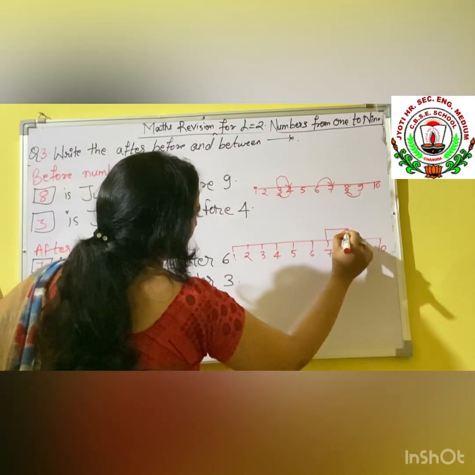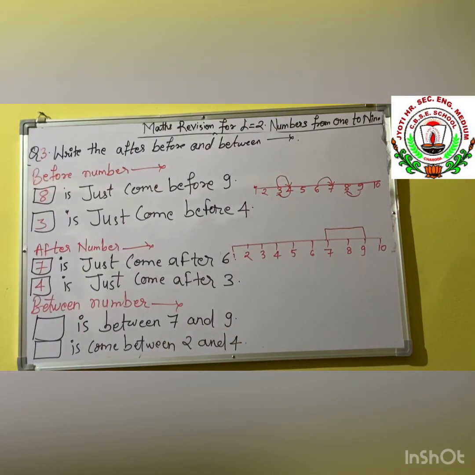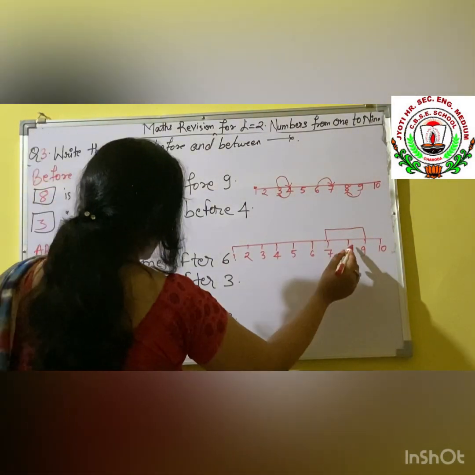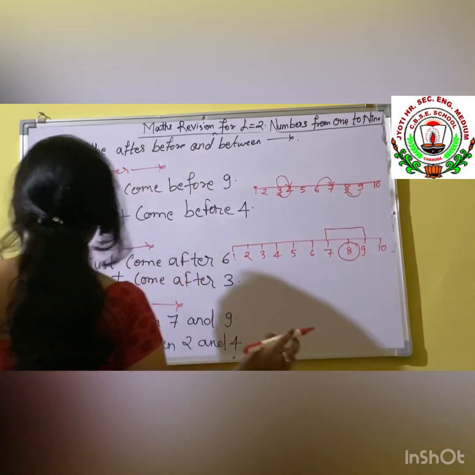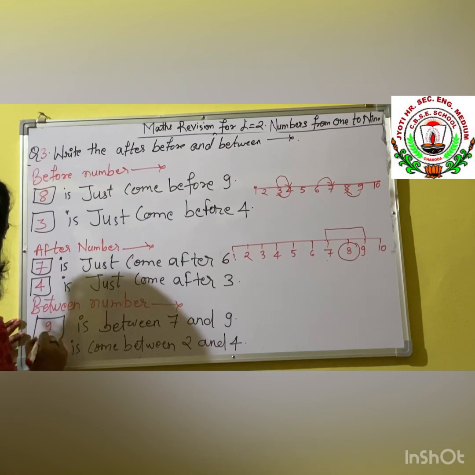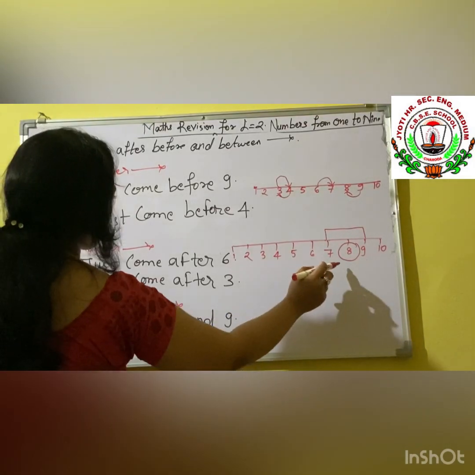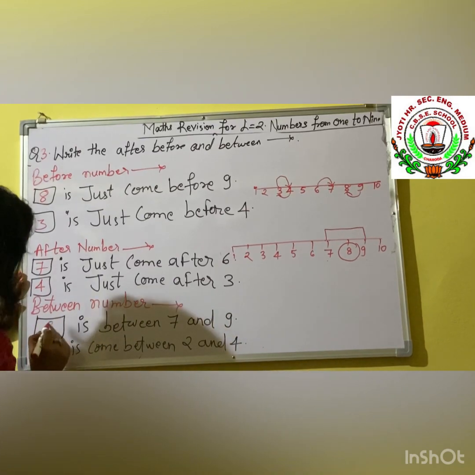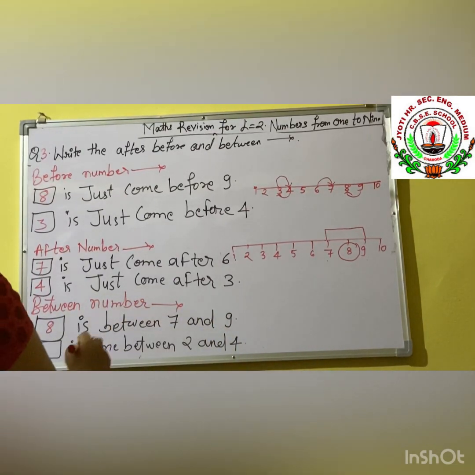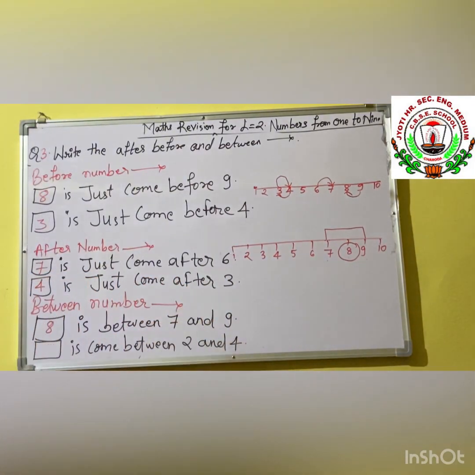The number which is in the center is called the between number. So here 9 is between 7 and, my mistake, 8 is between 7 and 9. Here 8 is between 7 and 9.